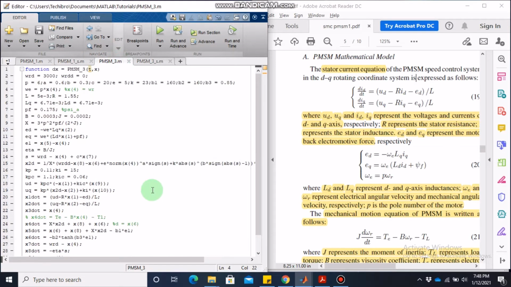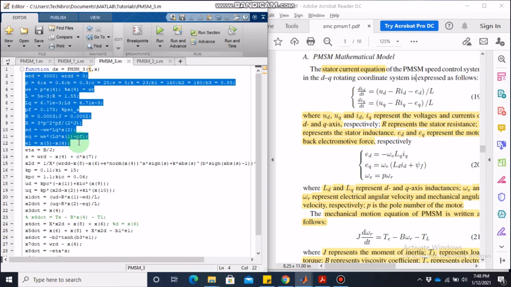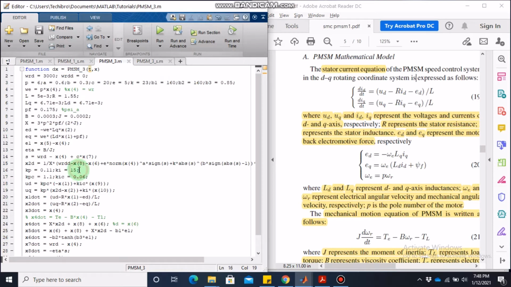So in my model there are some constants which I will walk you through as I go along in the paper.